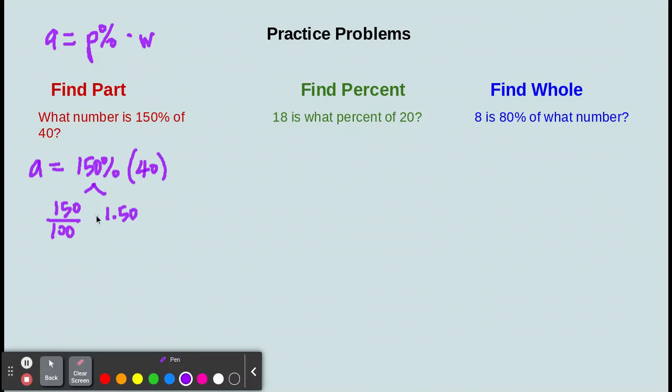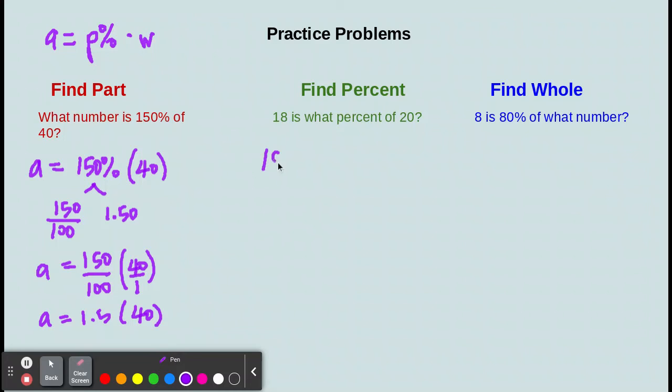Okay, so you choose which way you want to use. A equals 150 over 100 times 40. Or you could do A equals 1.5 times 40. Either way.